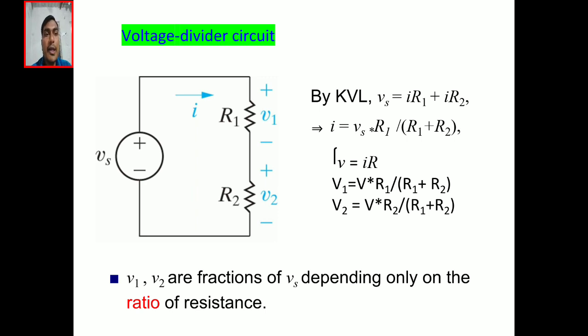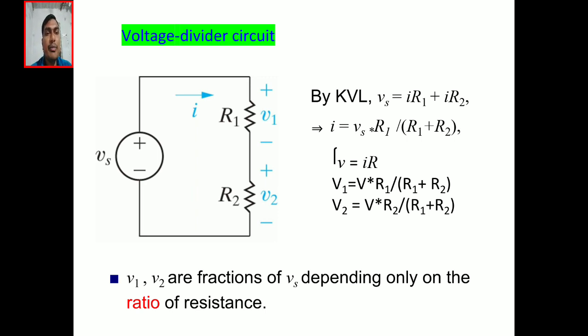By observing the equation, the voltage drop across one element is the total voltage times that resistance divided by the sum of total resistance. In this way we can find the voltage drop across any element without finding the current.